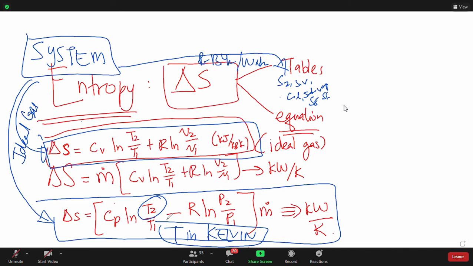All right, temperature will be in Kelvin. Temperature in Kelvin, temperature in Kelvin. Pressure in what? Kilopascal. Okay, so that is the delta s.